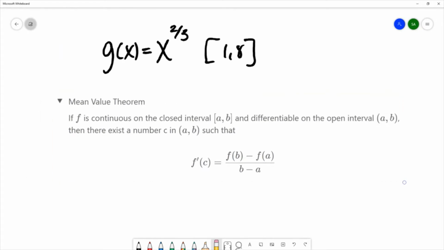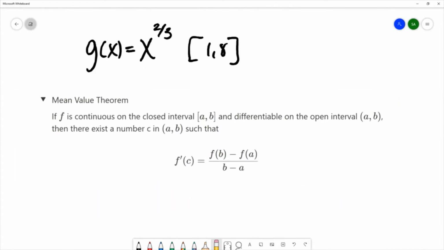And with the mean value theorem, we need our function to be continuous on the closed interval from a to b. We also need it to be differentiable on the open interval. And if we have those conditions met, then we know that there exists some number c in the interval from a to b, such that the derivative at that value of c is equal to f of b minus f of a over b minus a.